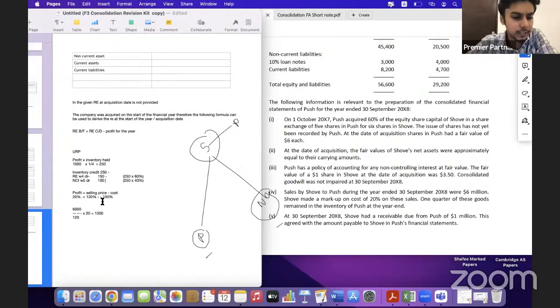Okay, right. Can you guys just check and see, are you comfortable with the double entry that I did over there? Just to see whether you understood this completely.